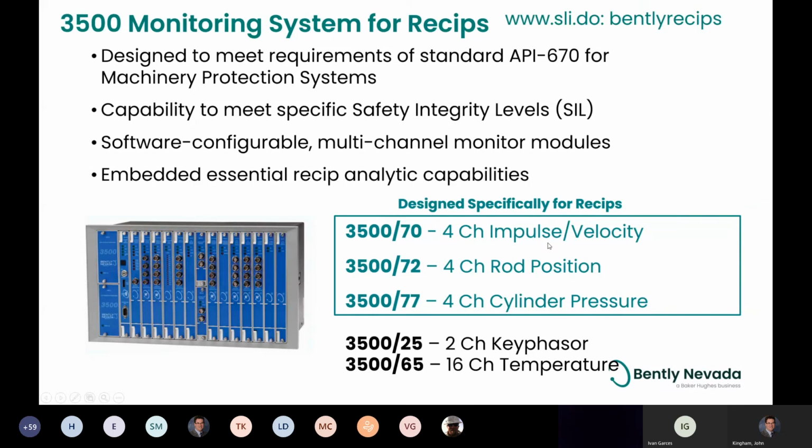And we have these 3 monitors that are designed specifically for Recips. We have the 70, which is a 4-channel impulse and velocity monitor. The 72 is a rod position or rod drop monitor. And then the 77 does cylinder pressure. And those are all 4-channel monitors. In conjunction with these 3, we're also going to use the standard 25 keyphaser, a 2-channel keyphaser monitor, and the 65, which is a 16-channel temperature monitor.